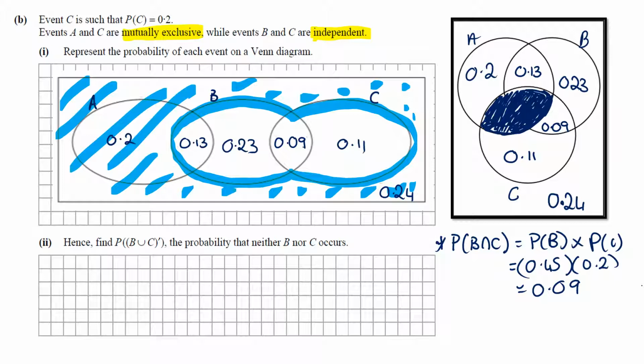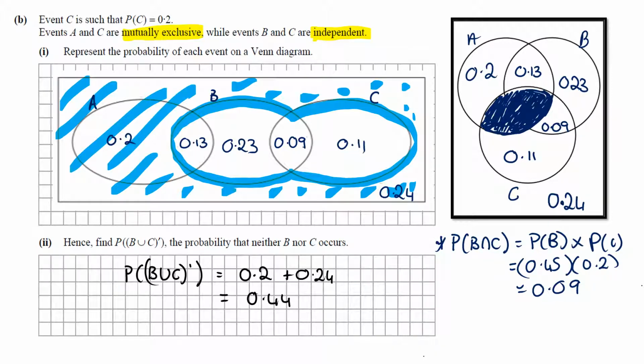So I'm actually looking at the probability of B union C complement, which is equal to 0.2 plus 0.24, which is equal to 0.44.